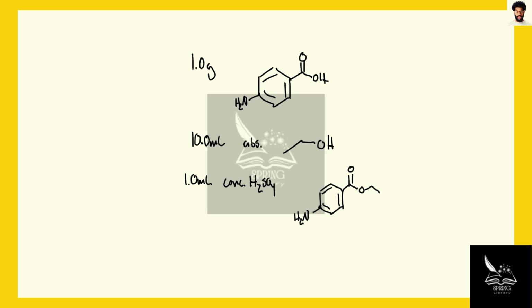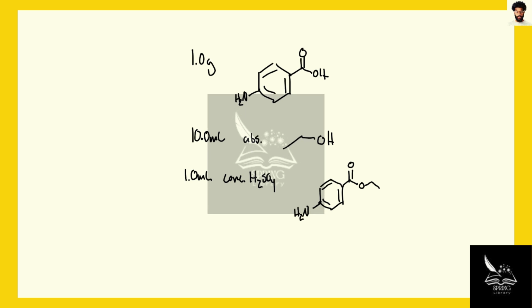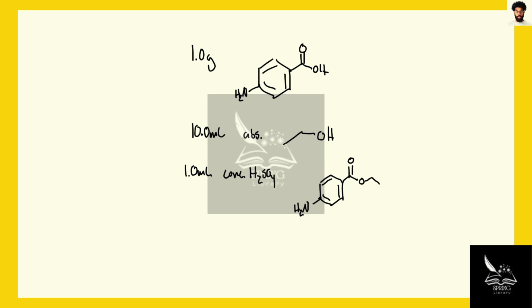Okay, and so what we're asked to do is find what the balanced equation for this reaction would be and what the limiting reagent is. So first, let's balance the reaction. It's not too bad. In fact, we know that the concentrated H2SO4 is a catalyst that is not consumed in the reaction, right?